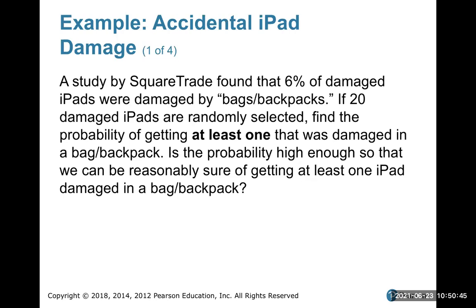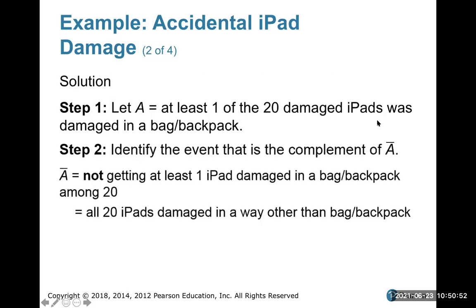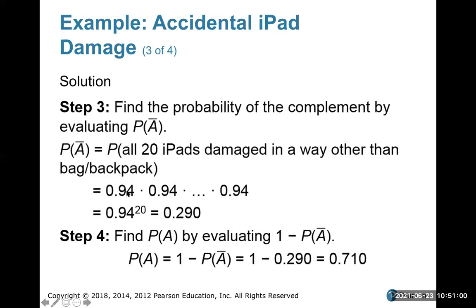So it's 0.94 times 0.94 times 0.94, because you are saying all 20 of them are not damaged: the first one not damaged, the second one not damaged, the third one not, the fourth one not, 20 of them. So it's 0.94 to the power 20. That's none of the 20 being damaged. So 1 minus none damaged is at least one damaged.